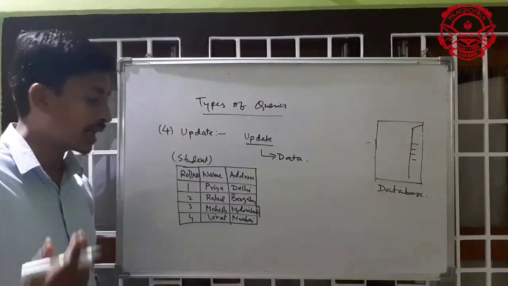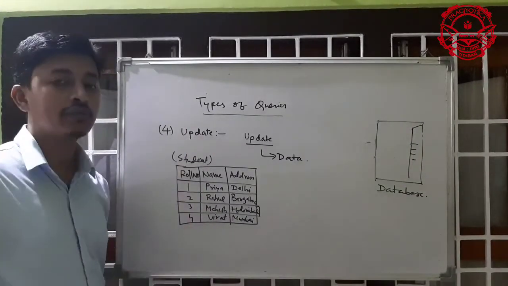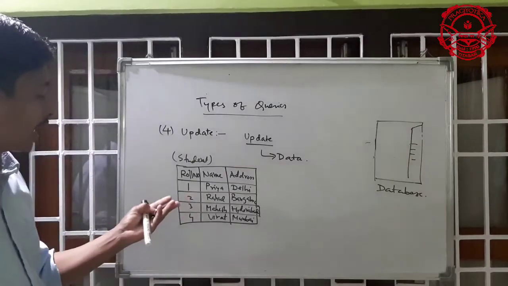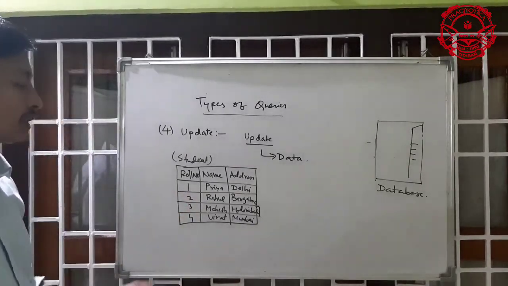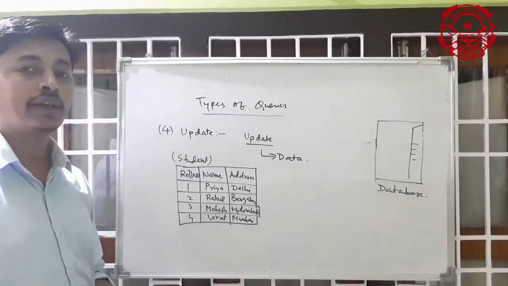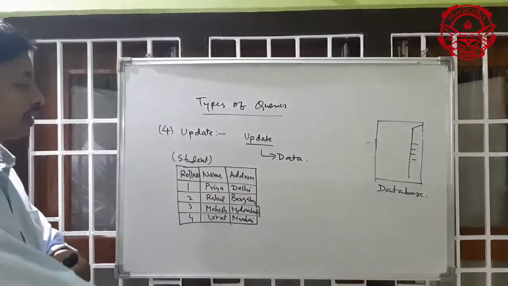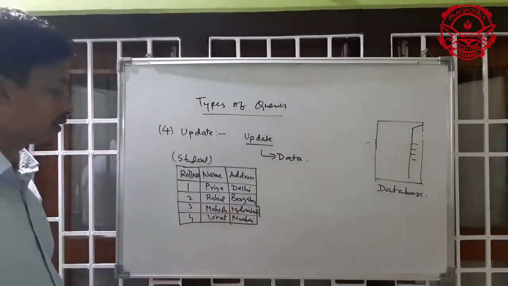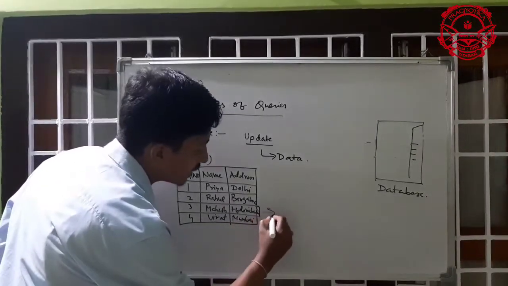But in this update query, we can easily update any information. For example, say roll number 3 Mahesh is from Hyderabad. Now his parents have been transferred to Chennai. So I want to change his address from Hyderabad to Chennai. We can easily update his address.